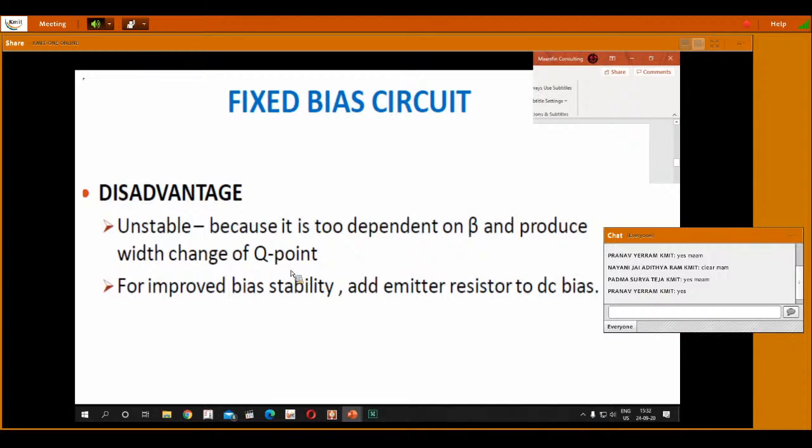We have just connected your emitter directly to the common terminal. Instead of that, we have to connect an emitter resistor. It is a simple circuit, but we used VCC applied to the output terminal as well as the same VCC applied to the input terminal.